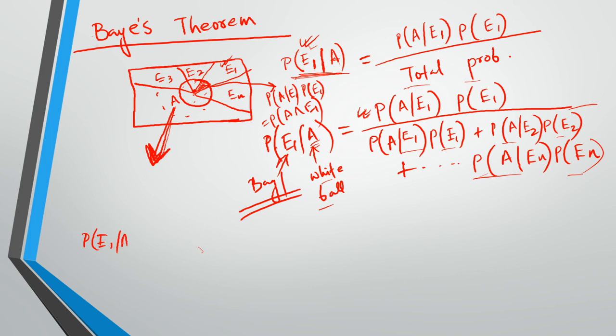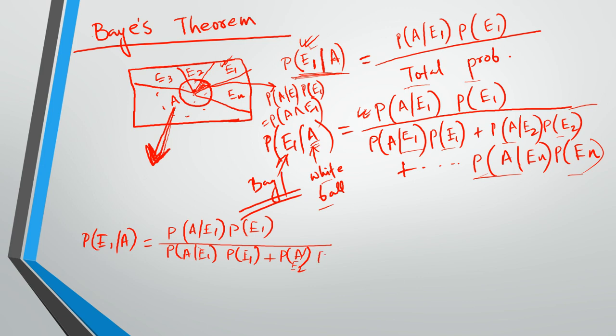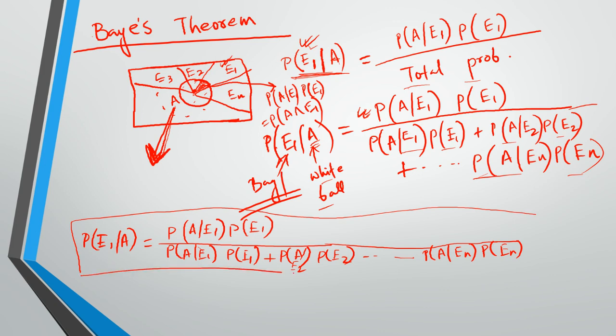P of E1 when A is given is P of A when E1 is known times P of E1, divided by P of A when E1 is given times P of E1, plus P of A when E2 is given times P of E2, all the way till P of A when En is given times P of En. So this is Bayes theorem.